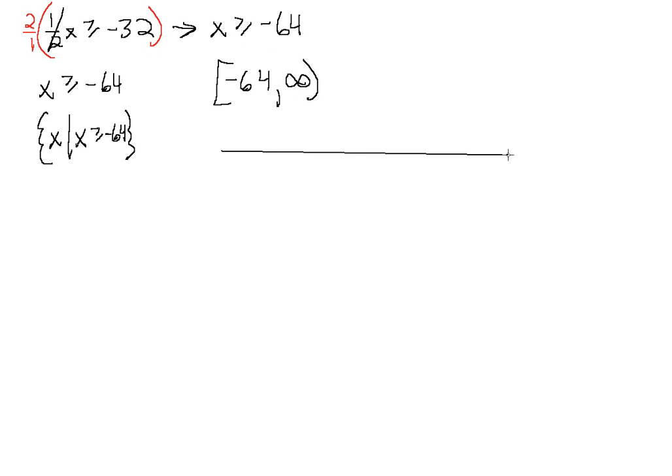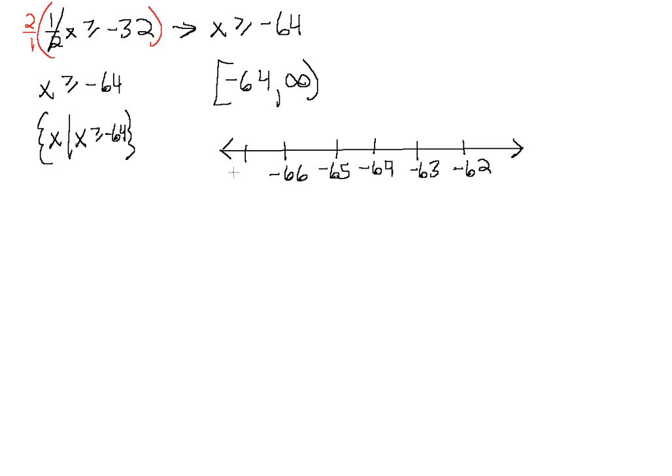And let's go ahead and do the fourth type of notation. Here we have minus 64 in the middle. Let's go ahead and write a few more larger than minus 64 in the positive direction and in the negative direction. Minus 65, minus 66, minus 67.